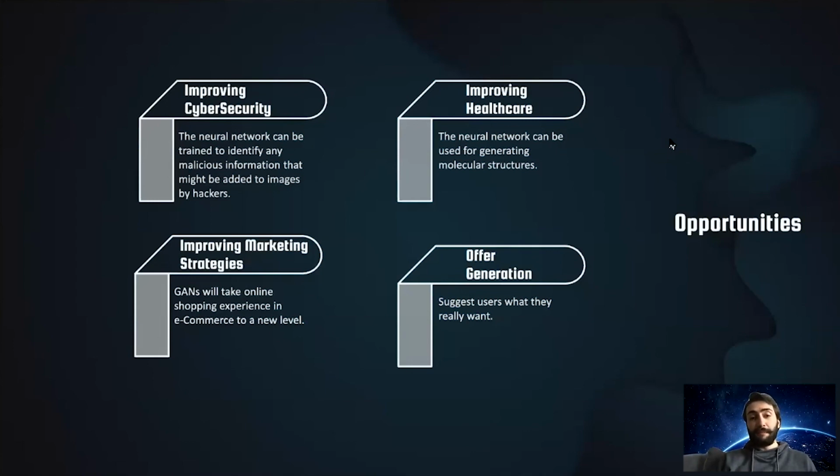The third example is improving marketing strategies. It is quite good to understand what the user wants and find the similar thing in our offers and offer the user what they really want. This allows the marketing team to keep more customers for an extended period of time.